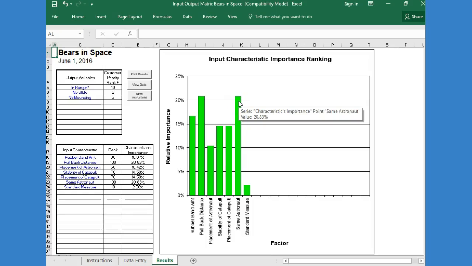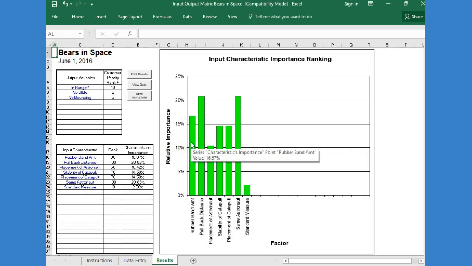So if we were going to work on one more thing, what would it be? Looks like the next highest scoring item was rubber band amount. So that would have been the next thing to look at, like, how many rubber bands? Do we do lighter, fewer rubber bands and just get closer? Or do I throw more powerful rubber bands on it and go further out?